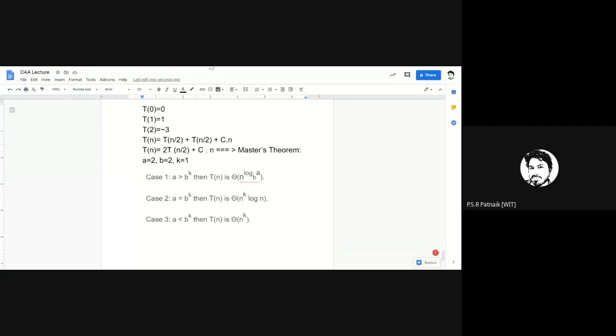I'll check your responses in chat. Yeah, case 2. If it is case 2, what will be the complexity? O of n to the power of k log n. What is n to the power of k? n. That's why the entire time complexity for this divide and conquer approach is O of n log n. This is the complexity of this algorithm.